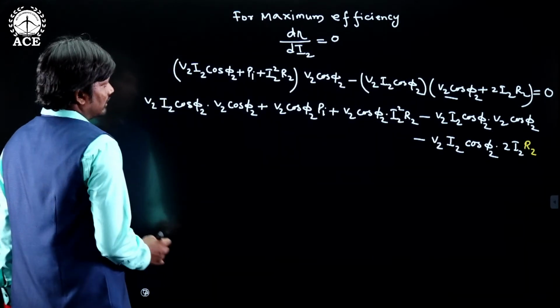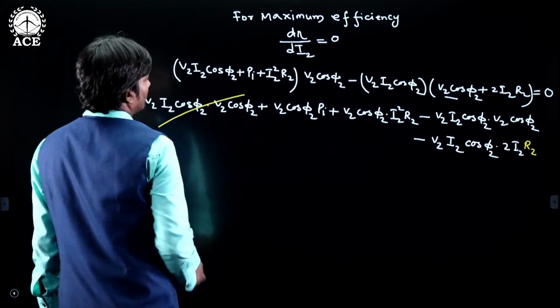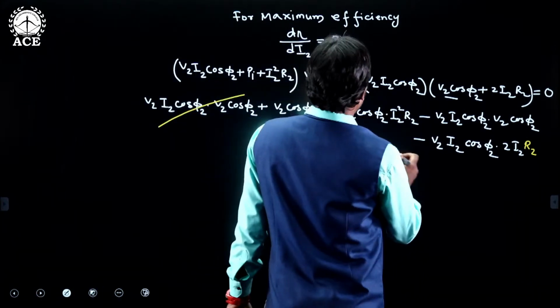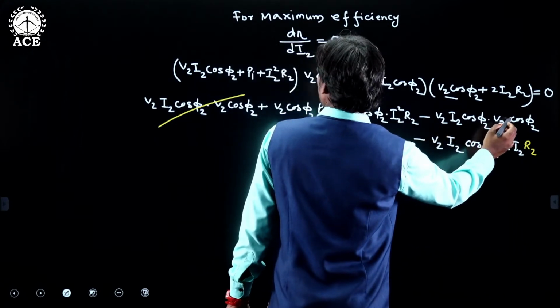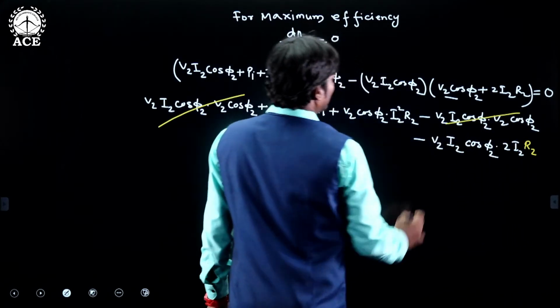Now see here, the V2 I2 cos phi 2 terms get cancelled.